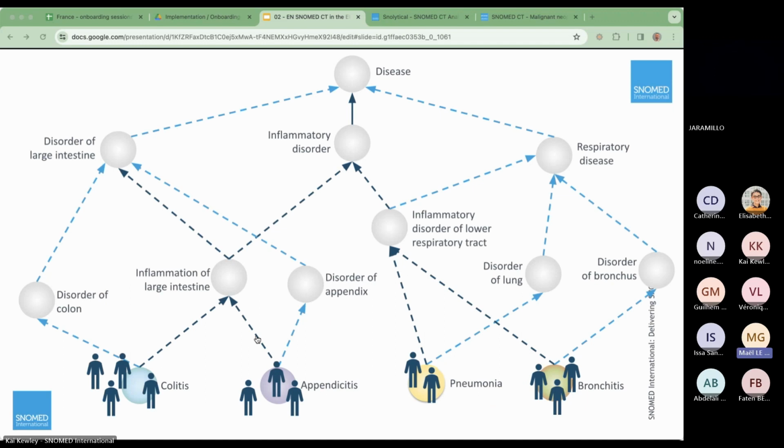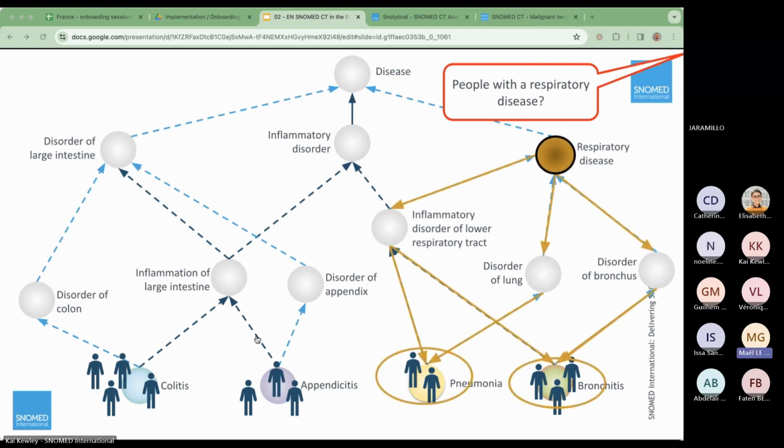In another example, we may want to identify people with any type of respiratory disease. Again, the hierarchy can be used. There's a section for respiratory diseases, and by navigating down the hierarchy, we can identify all the concept codes that are relevant, and in turn, those can be used to match the clinical records and identify those patients.